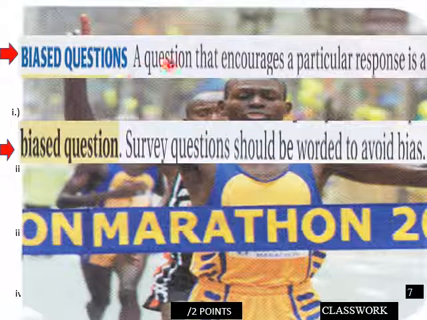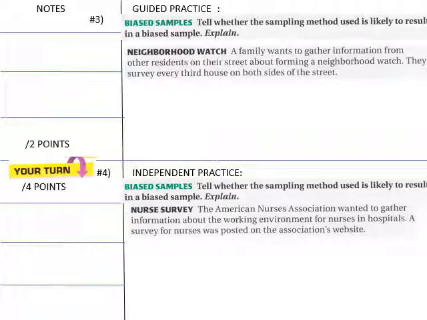Biased questions. A question that encourages a particular response is a biased question. Survey questions should be structured so they don't produce a biased response.